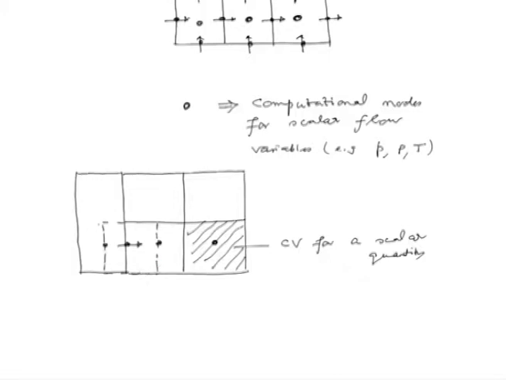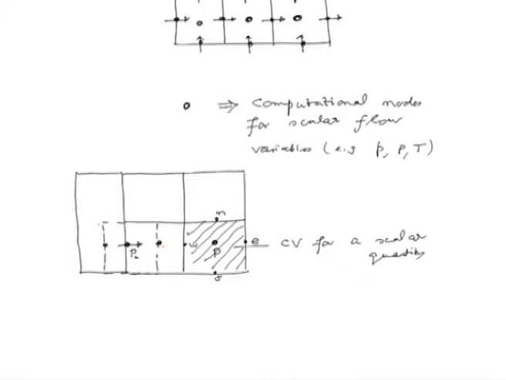With respect to P, this becomes the east face, this is the west face, south face and north face for a scalar control volume. For the control volume for u velocity component, this is, let's call it Pu.